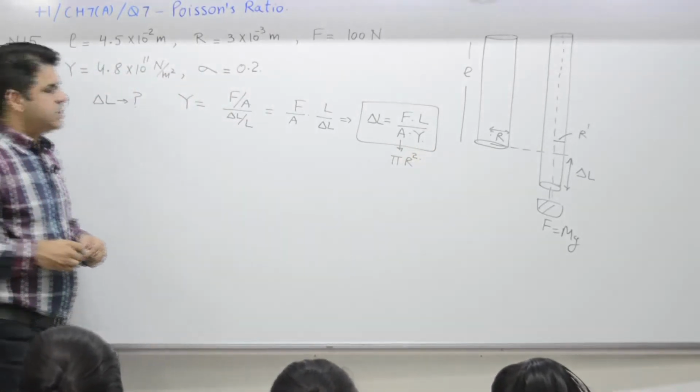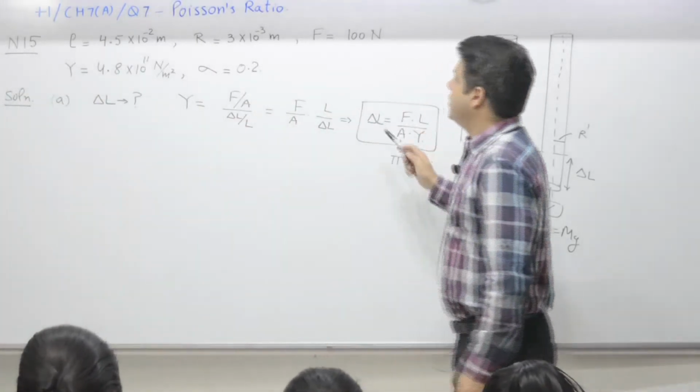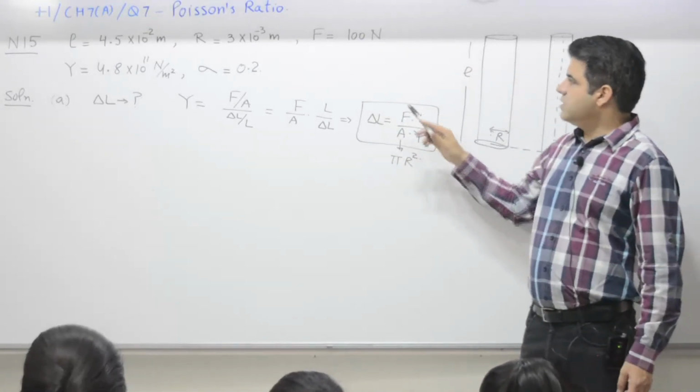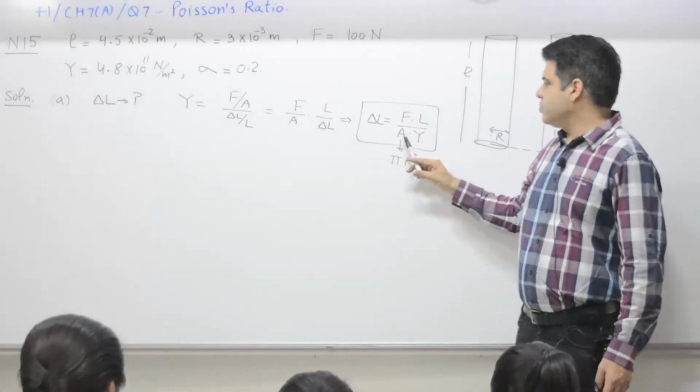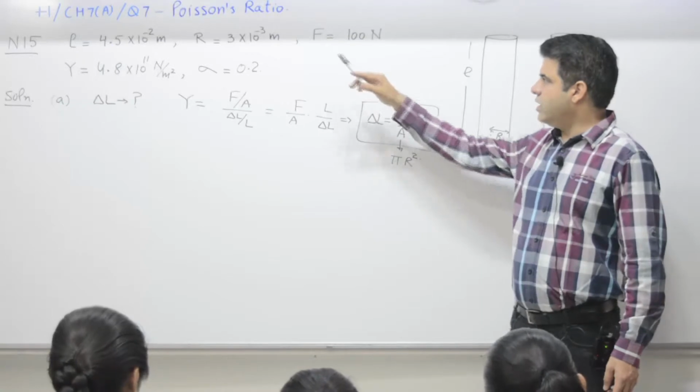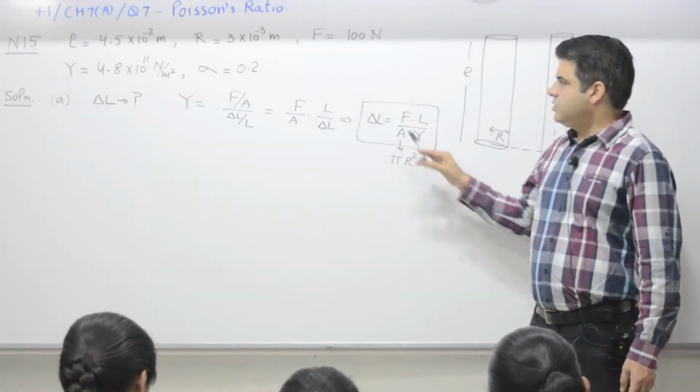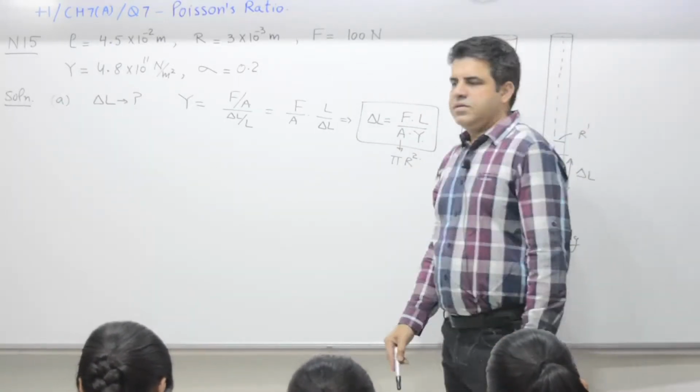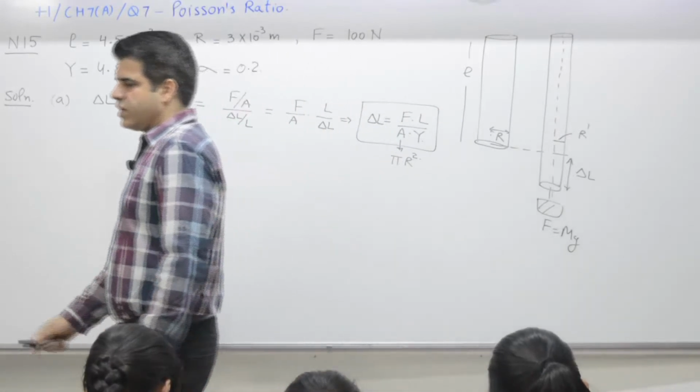Force is given, 100. Length is given 4.5 into 10 power minus 2. Area pi r square, r is given 3 into 10 power minus 3. Young's modulus is given. 1 minute for calculation.